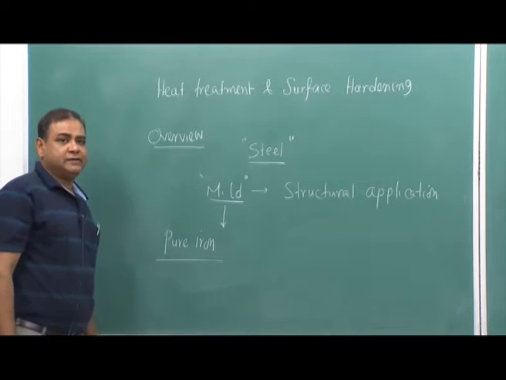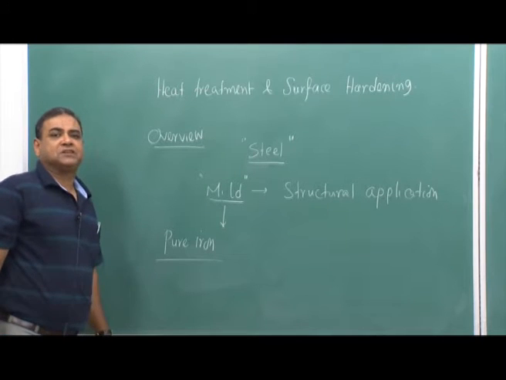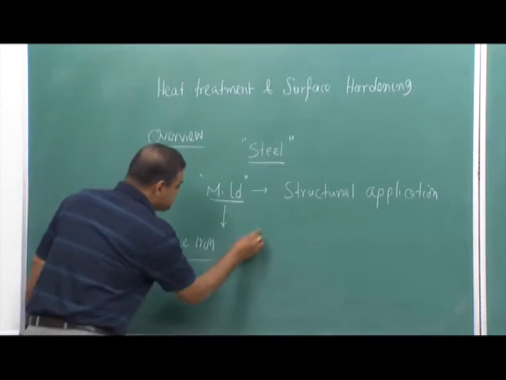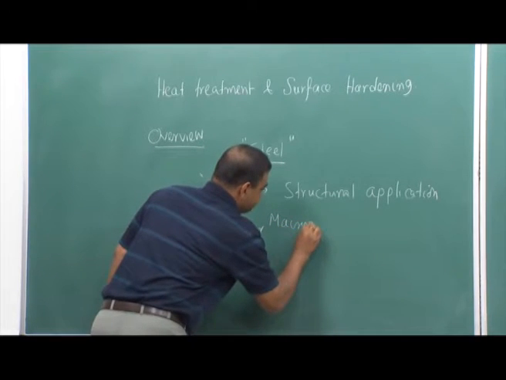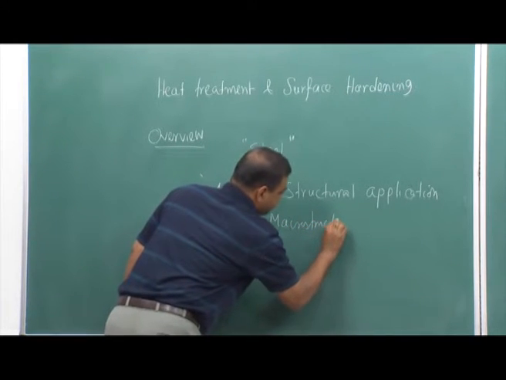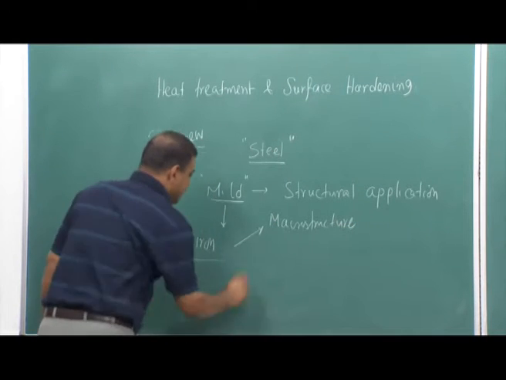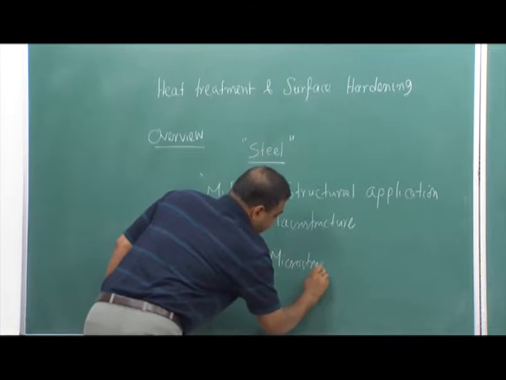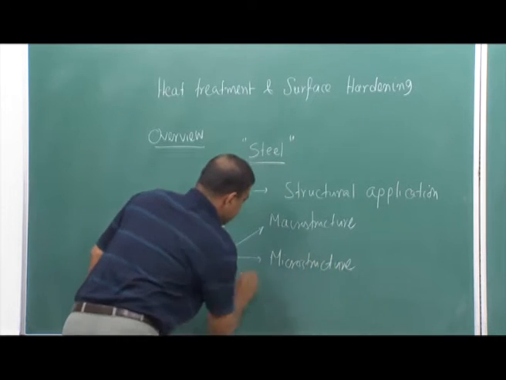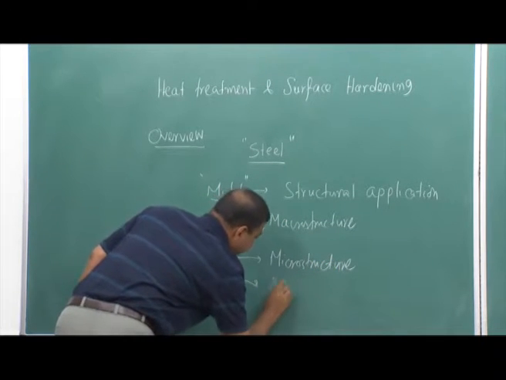In pure iron we have some structures, and these could be macro structures, microstructures, or crystal structures.